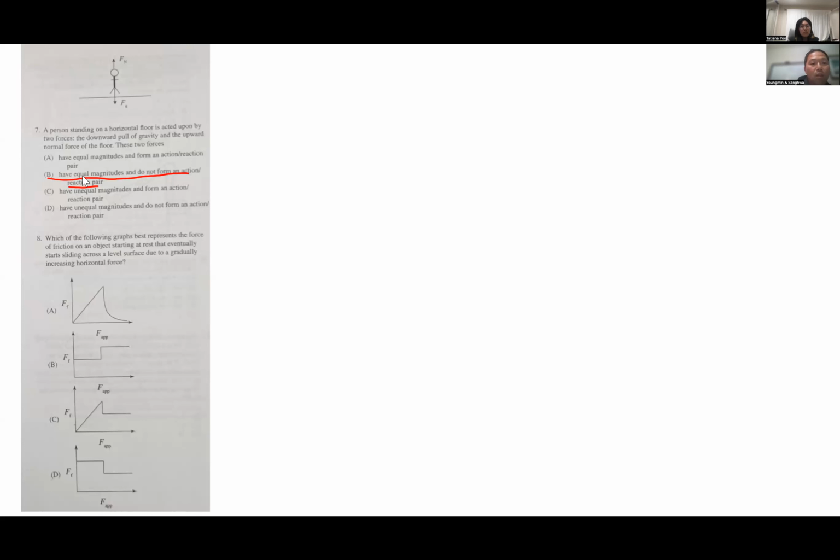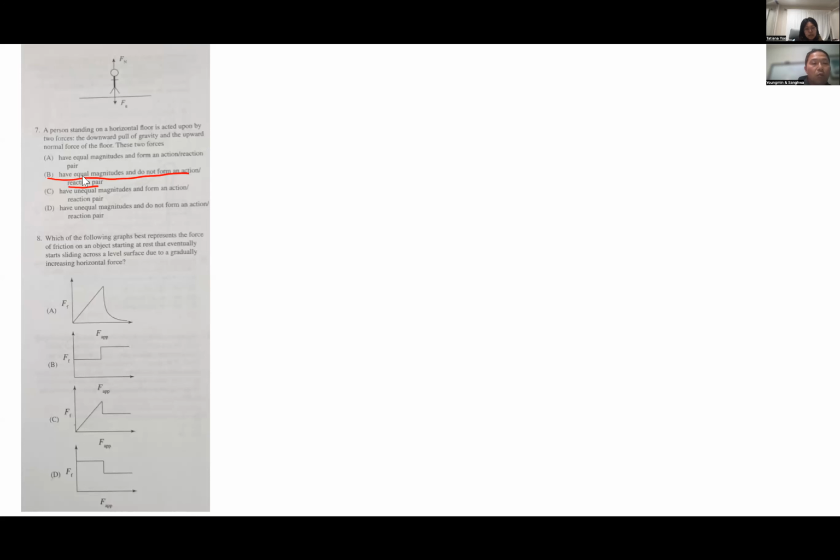With that idea, what do you think? Which one do you think is the answer? C. As I said, the frictional force should increase in proportion to the external force up to some point, the maximum frictional force.